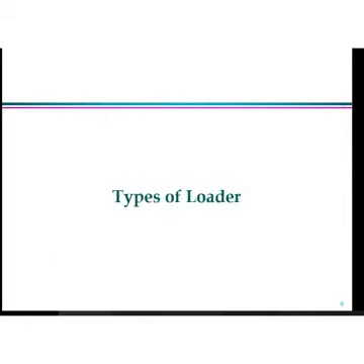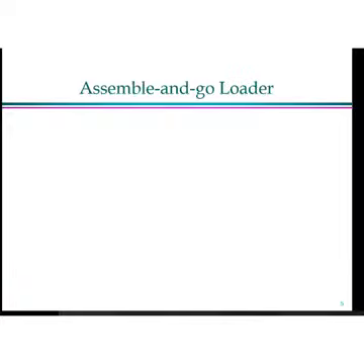So there are 4 or 5 types of loader that you have to study as per your syllabus. We will start with the simple one. The very first is called the assemble and go loader. Sometimes it is also called the compile and go loader. I'll tell you why the name is different. Assemble and go loader means what?